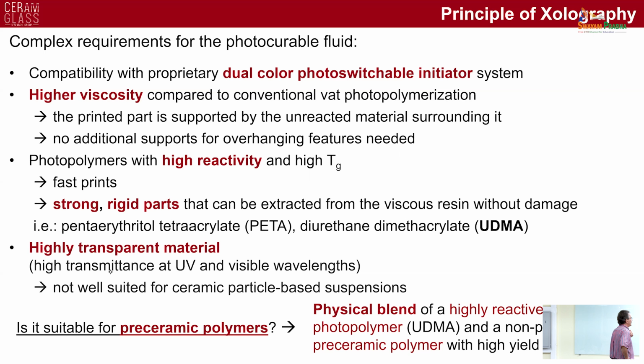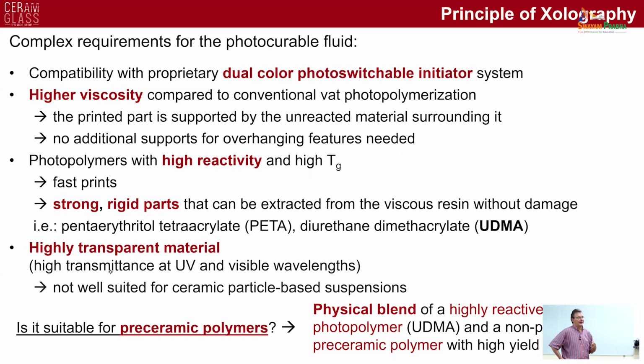So your feedstock needs to be viscous. And there are advantages with this high viscosity, because the printed part is supported by the unreactive material surrounding it, so you do not need any supports for overhanging features.